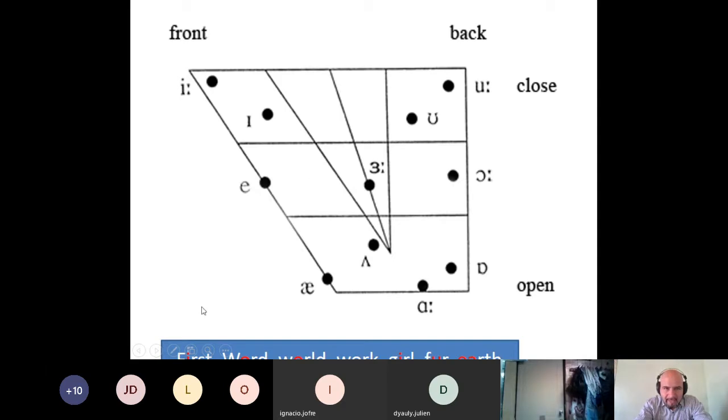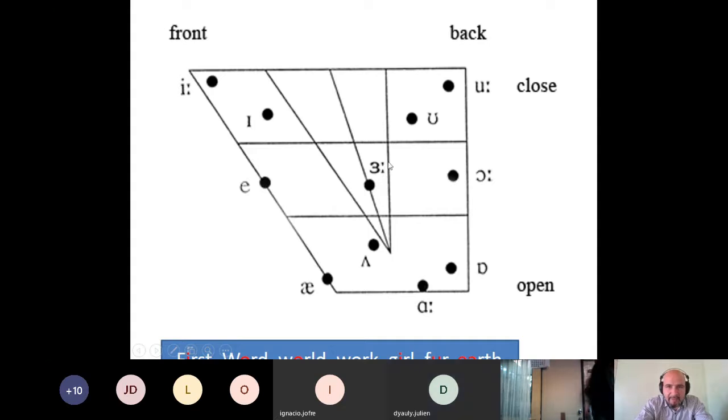In terms of height, it is a mid sound. Okay? Mid. It's very similar to this one, by the way, but there are some differences. It's mid central.